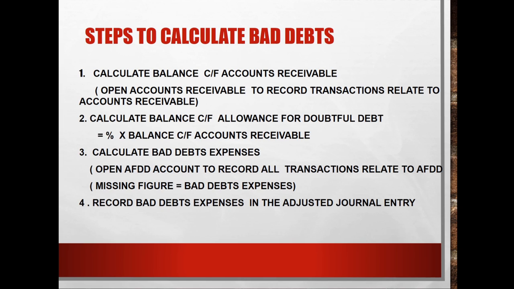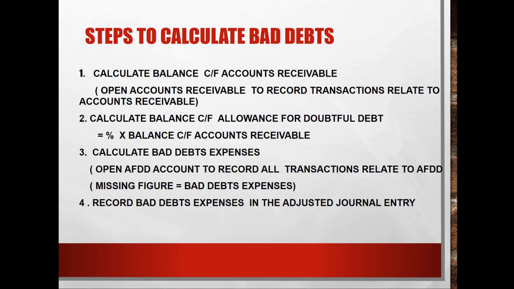Step number two, calculate the balance carried forward of allowance for doubtful debts. The formula is percentage times balance carried forward of accounts receivable, then you will get the carried forward allowance for doubtful debts. And the third step, you have to calculate bad debt expenses.